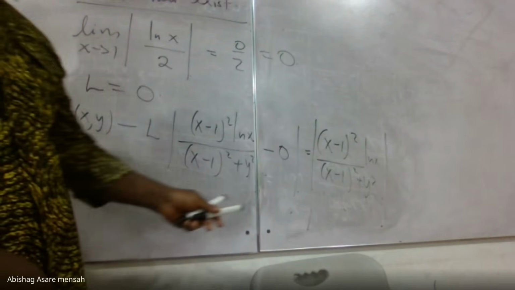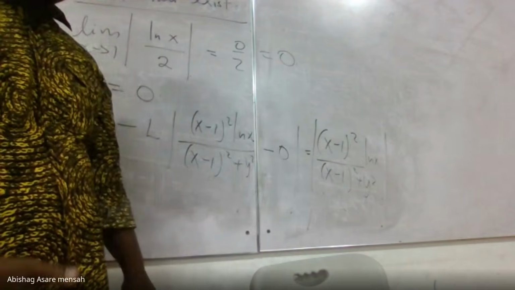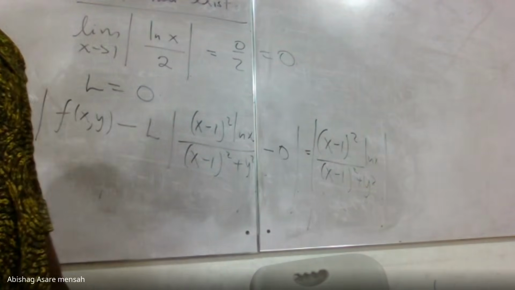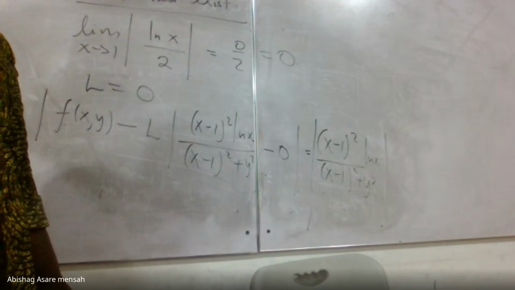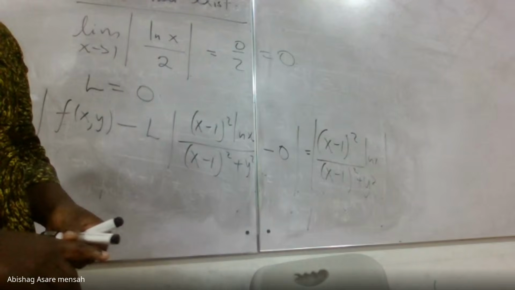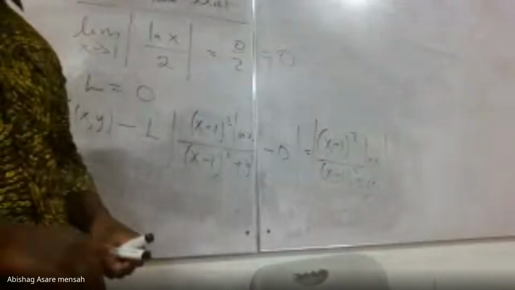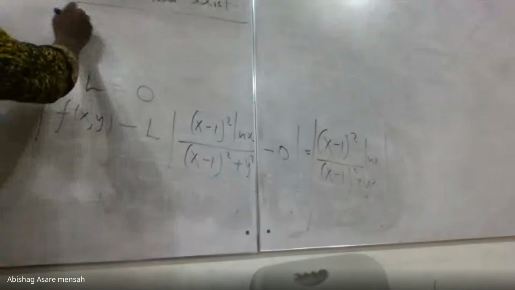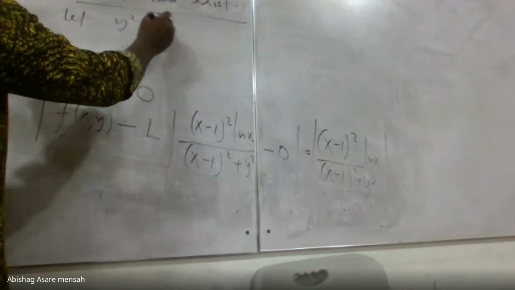Now, what am I supposed to do? Remember the next step. Yes, what did I say? You said y squared is equal to what? 0. Remember that. So note the steps. So let y squared be equal to 0.